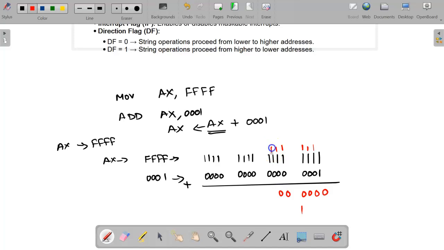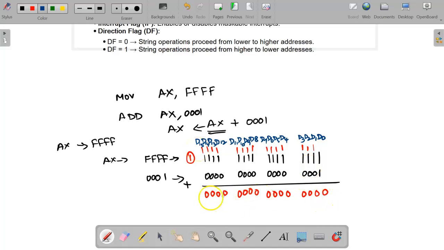The same thing happens: 1 plus 1 is 10, again 1 plus 1 is 10, like this it happens, right? Finally I am getting a carry out of these numbers. Now these bits are D0, D1, D2, D3 up to D15.